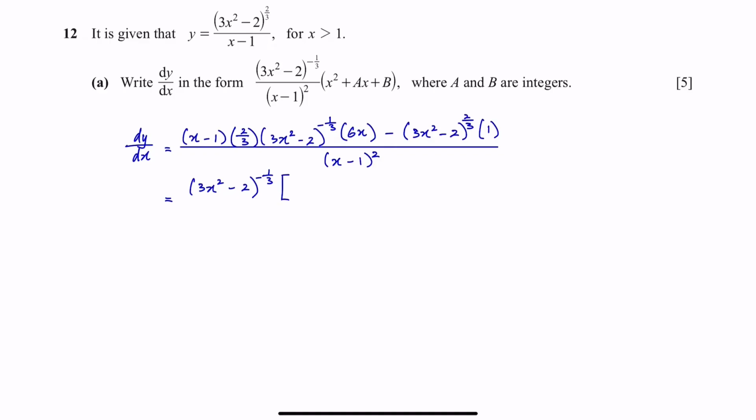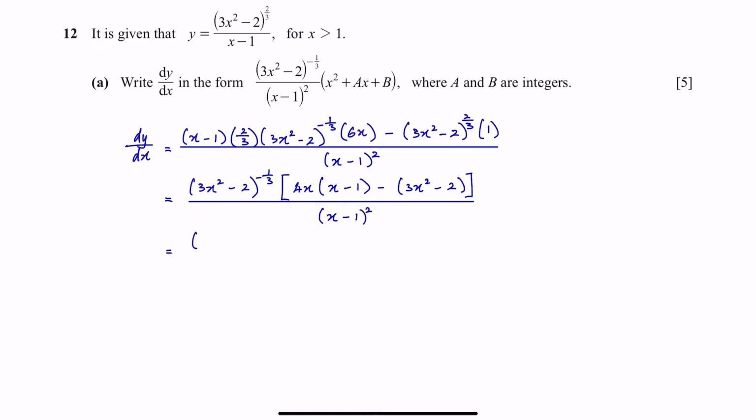And we are left with 4x times (x-1) minus (3x squared minus 2) over (x-1) squared.